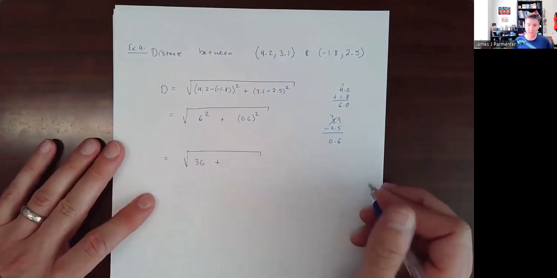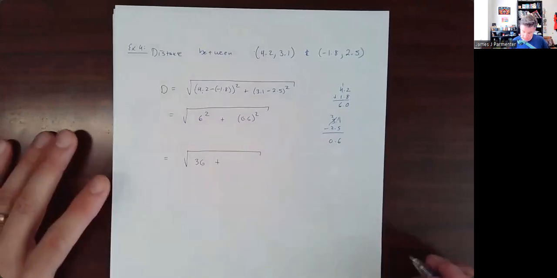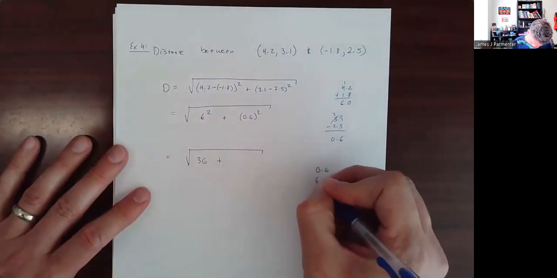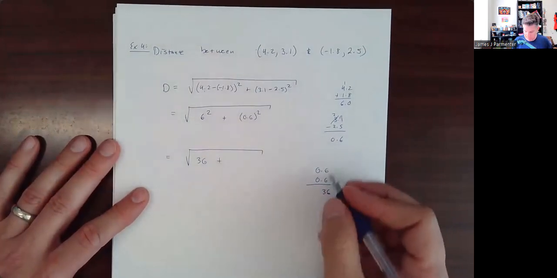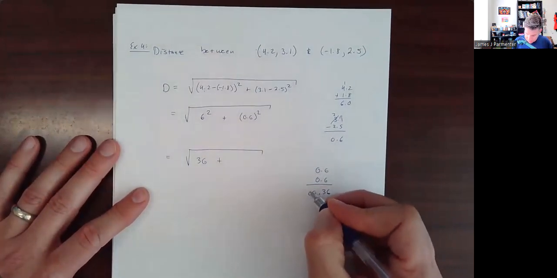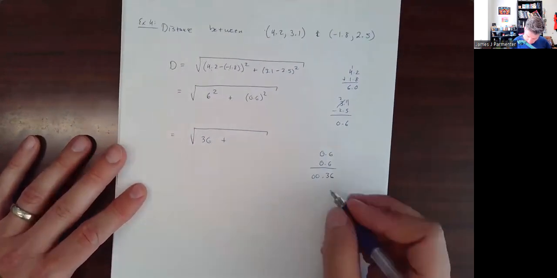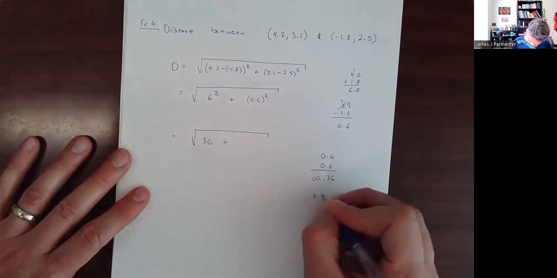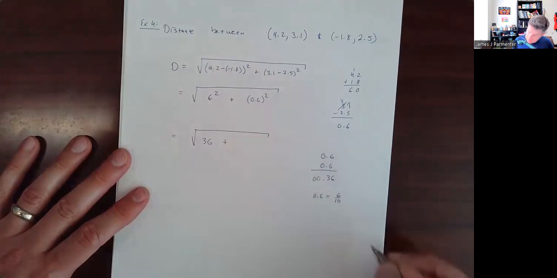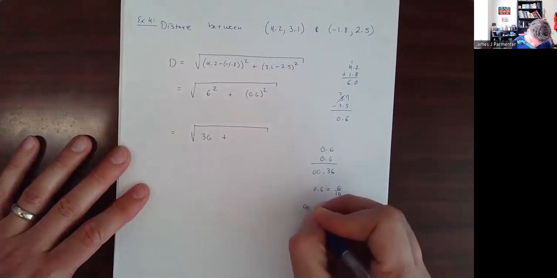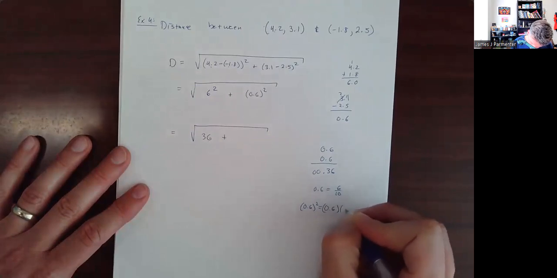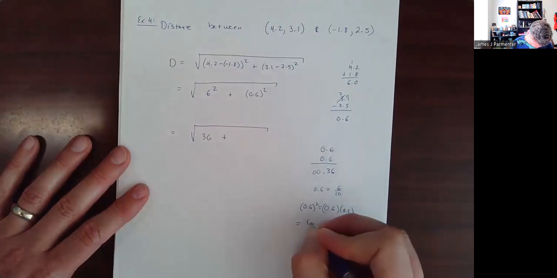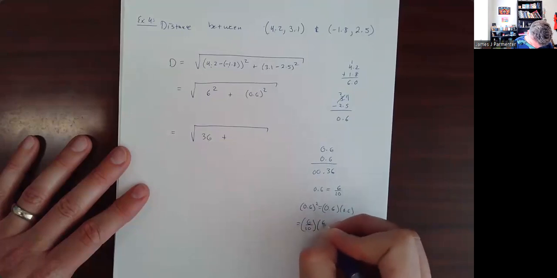You can do this a lot of ways. You could do it this way, 0.6 times 0.6. 6 times 6 is 36. And then you're supposed to have 2 decimal places because that's how decimals work. If you're not super familiar with that, you can also say 0.6 is 6/10. And so 0.6 squared is 6/10 times 6/10.